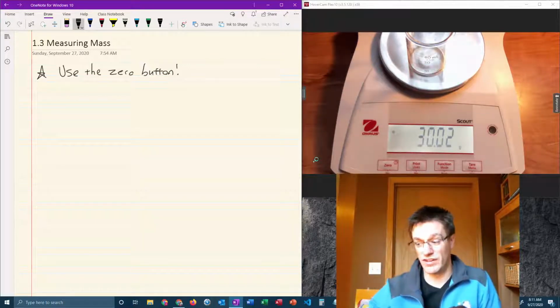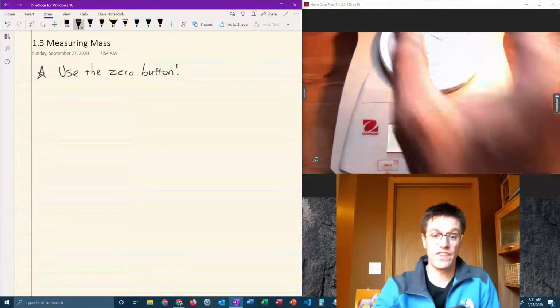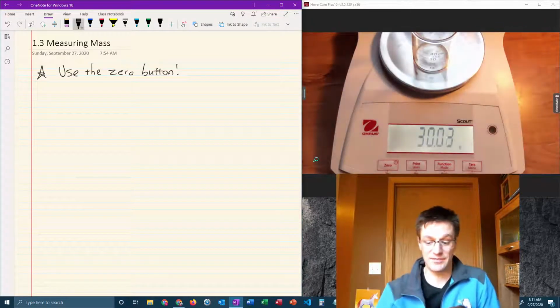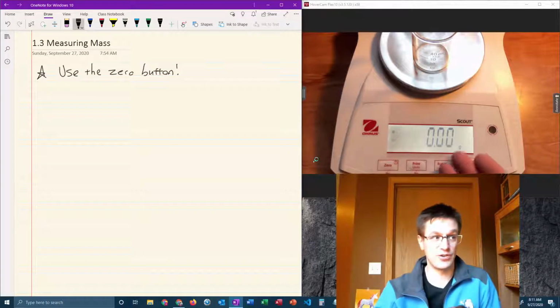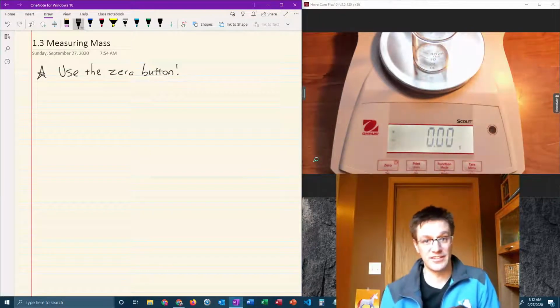We just want 1.5 grams of sodium bicarbonate without the beaker glass. So all you got to do is, with the beaker on the balance, press the 0 button, and now it will read 0 even with the beaker on the balance.